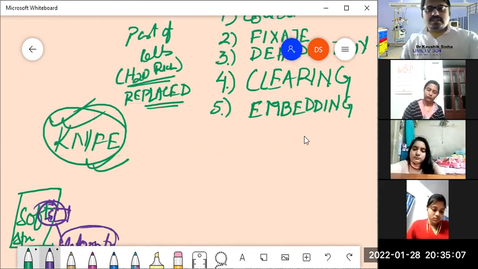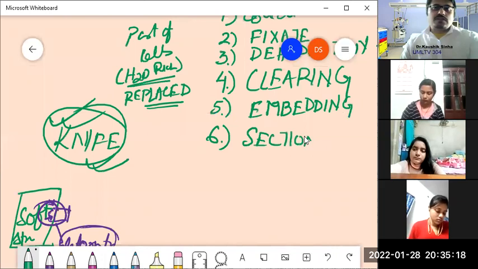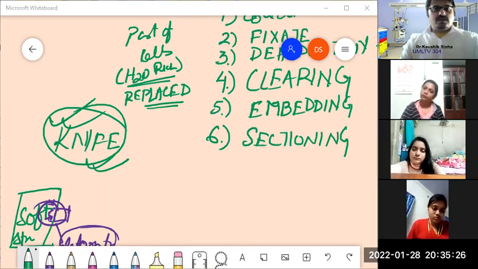After a successful embedding is done, we would now move to the sixth step, which definitely is sectioning. You do understand? What is it? The sectioning.